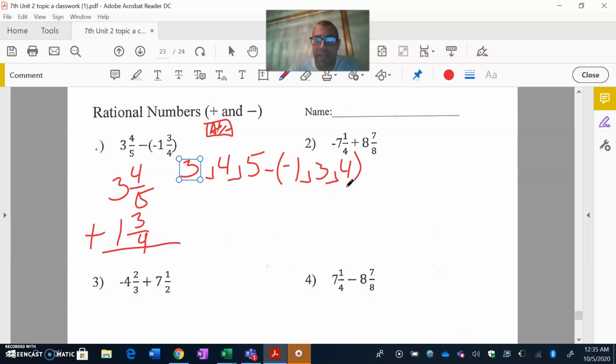Now, how does your calculator write the answer? What it ends up doing is it puts the whole number out in front. It uses what looks like a U, and that's its way of writing a space.